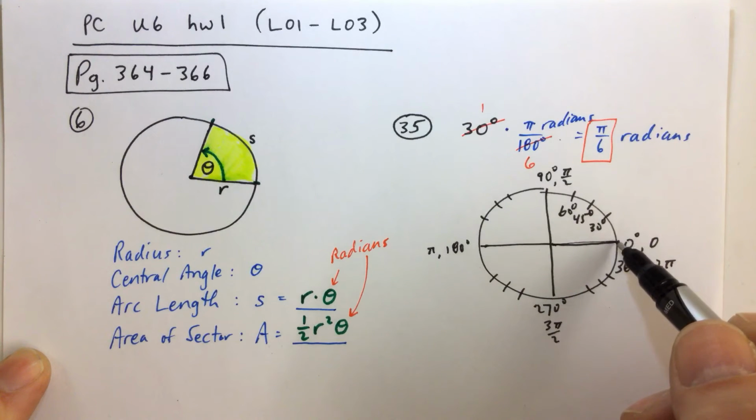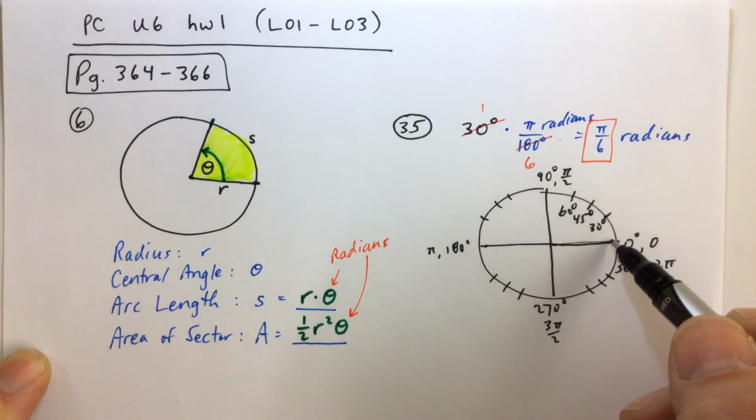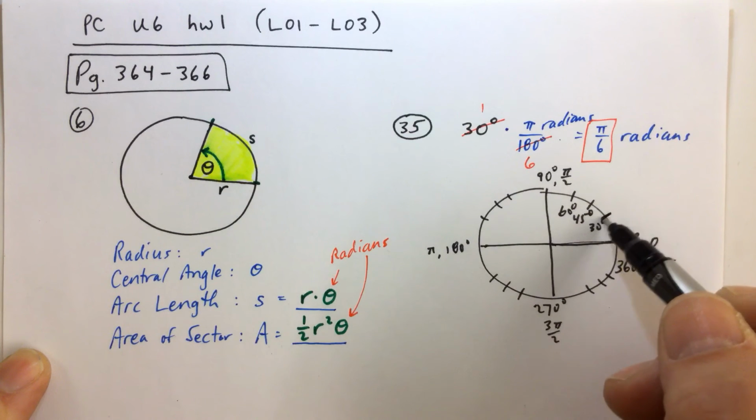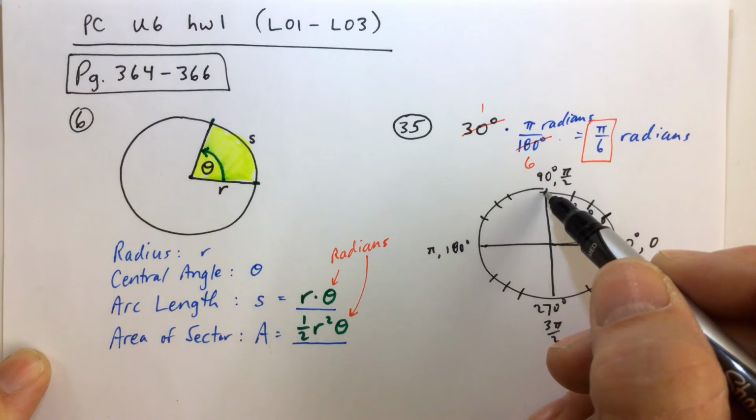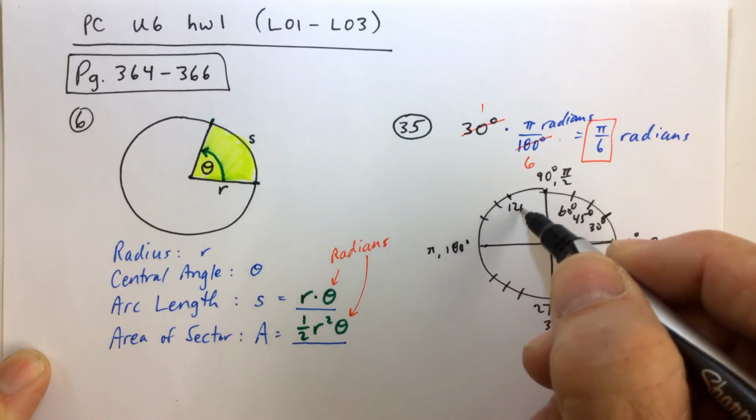Here we have the x-axis, and the first angle measure that we get to is 30 degrees past this one. This one's 0 degrees, so the first little tick mark on the circle is 30 degrees. If you go up to 90 degrees and go from 90 to the first tick mark, you add 30 and you get to 120 degrees.